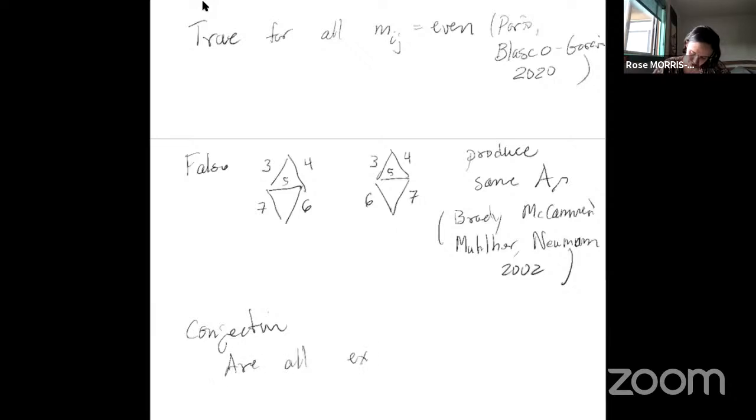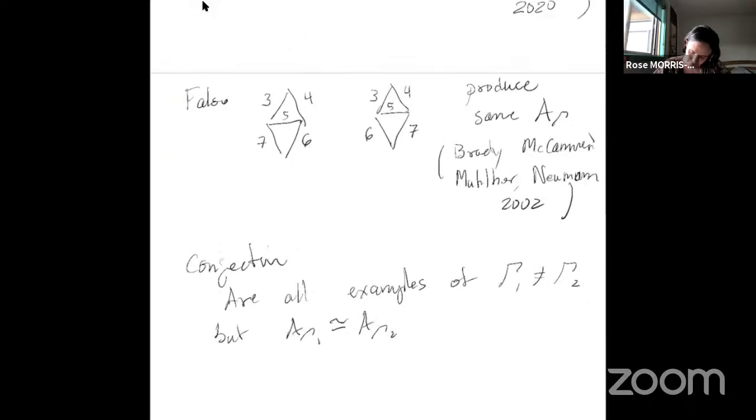Are all examples of gamma 1 not equal to gamma 2, but gamma 1 isomorphic to gamma 2 of this type, right?